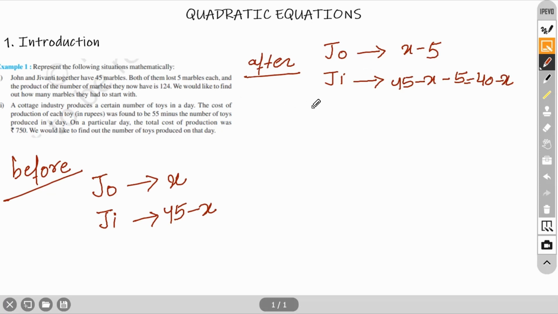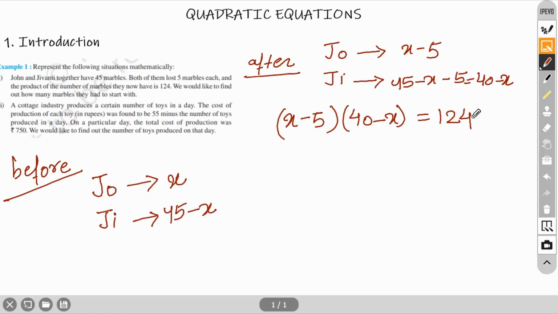Now the condition here is the product of the number of marbles they have now is 124. That after losing 5 marbles each, the product of the number of marbles they have now is 124. That means the product of x minus 5 and 40 minus x is 124.